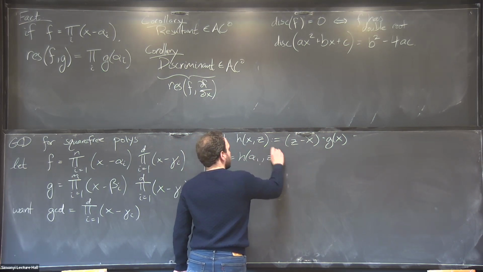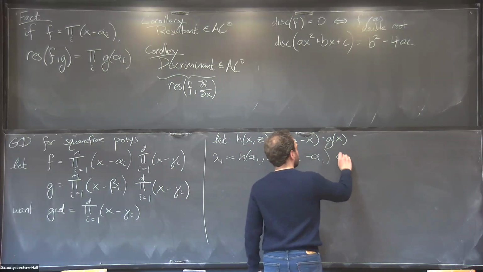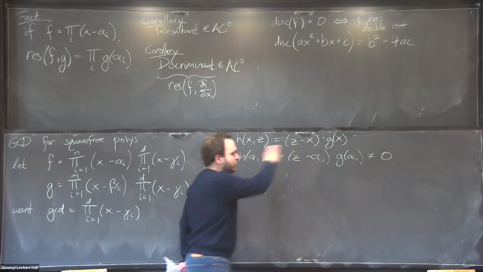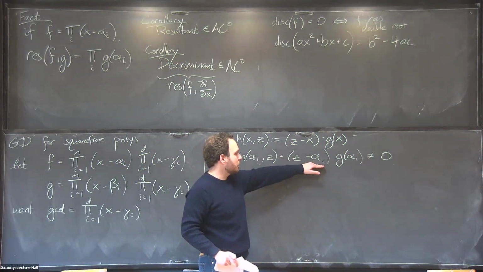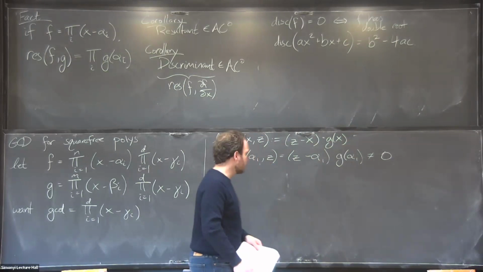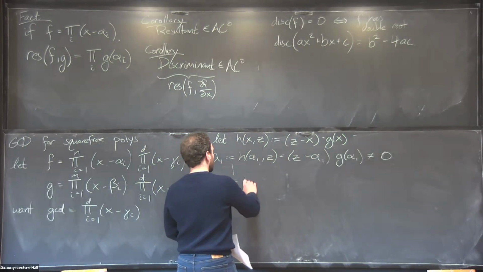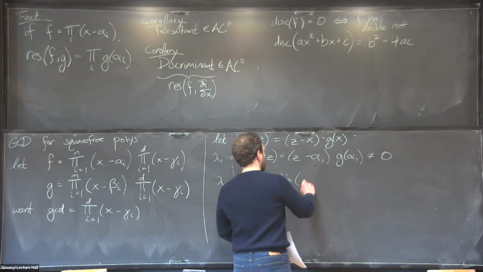At alpha 1, this is z minus alpha 1 times g of alpha 1, which is some non-zero polynomial, right? Alphas, these aren't roots of g, so this is some non-zero number. And same for all the evaluations at the alphas.